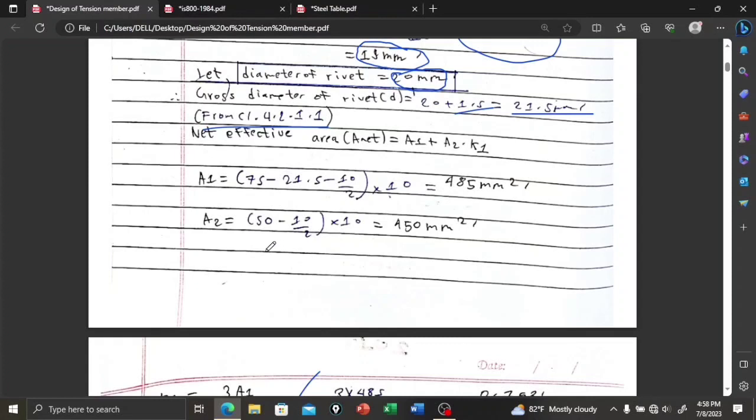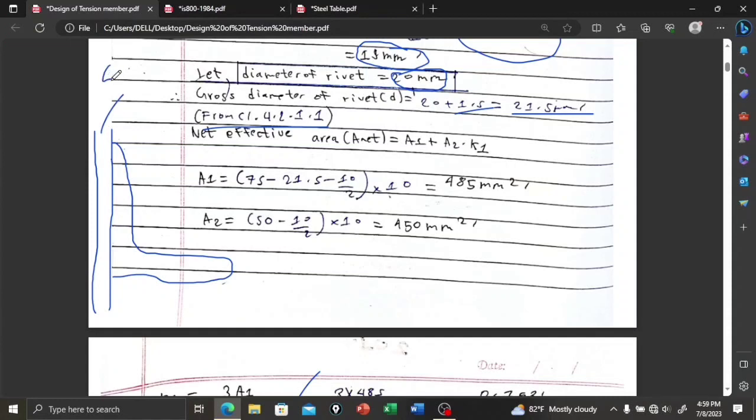Now, what is A1? This is gusset plate, and this is one angle, and the A1 means the area of the side leg which is connected to gusset plate.